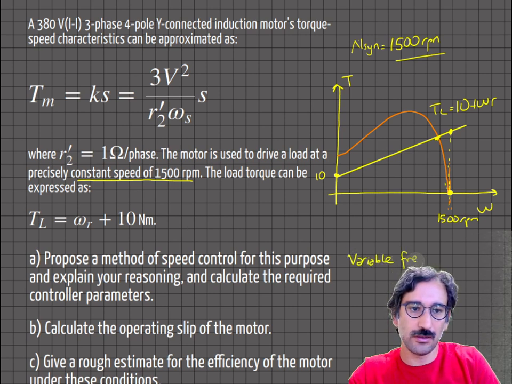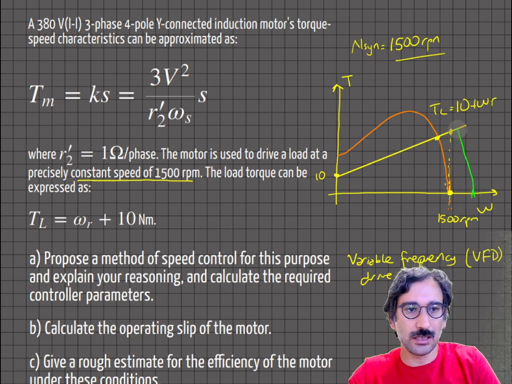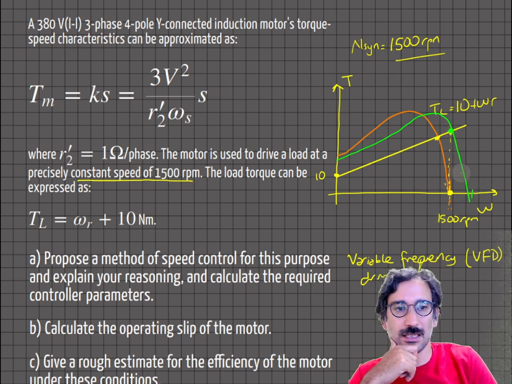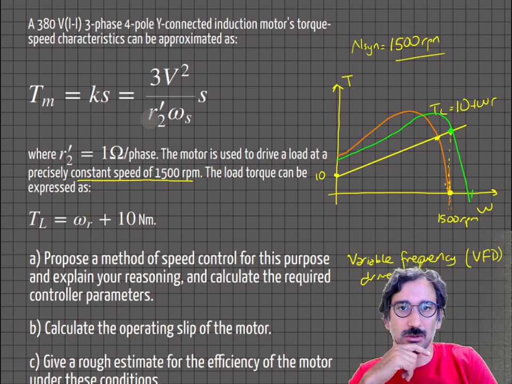Right, variable frequency drive, short for VFD. So I can maybe play with the frequency. Okay, I can apply a larger frequency and I can get the intersection point on that characteristics, and it's given in the question that I can estimate the torque expression linearly as a function of slip.